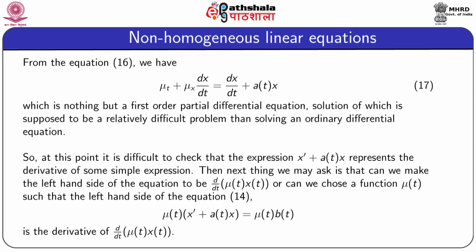The next thing we may ask is, can we make the left hand side of the equation to be of the form d/dt of mu(t) into x, or can we choose a function mu such that the left hand side of equation 14 can be represented in the form mu(t) into dx/dt plus a(t)x is equal to mu(t) b(t)?